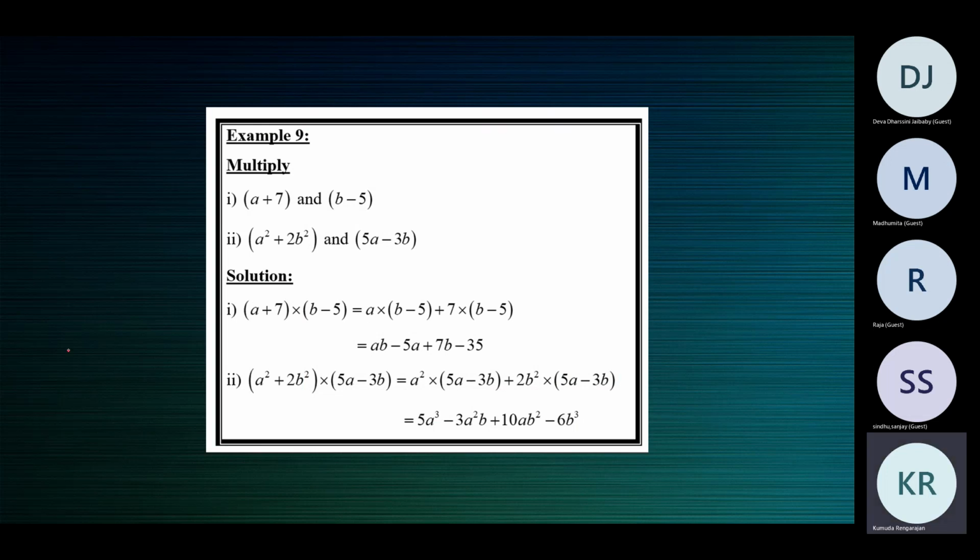And this multiplication sign, it's as good as not there. If you think, oh, we didn't put this multiplication sign, that's okay. You don't have to show this multiplication sign. Sometimes your teacher might ask you to use it. Some teachers might not. So it's the same as writing a into b minus 5.